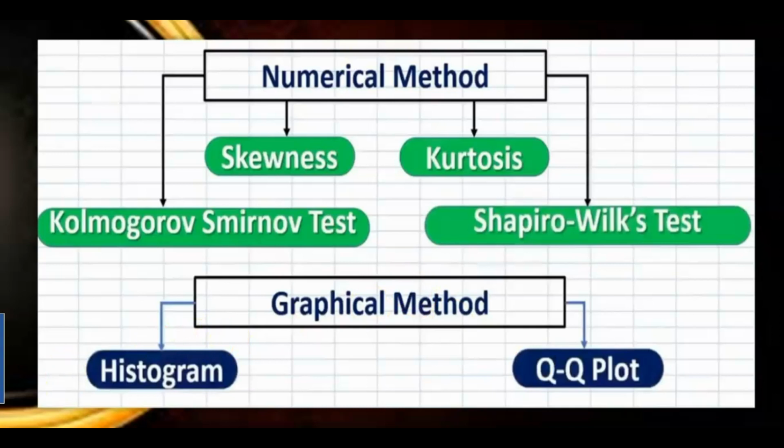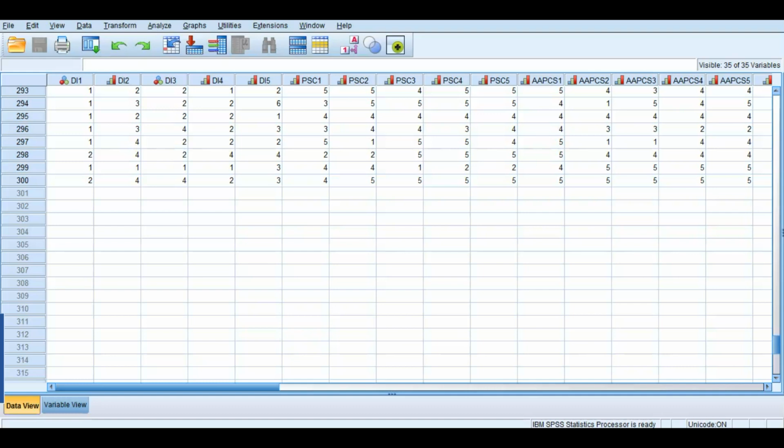To check for the normality of our data, for the sake of this tutorial, I'm using a document that has already been entered into SPSS. It has 300 respondents.